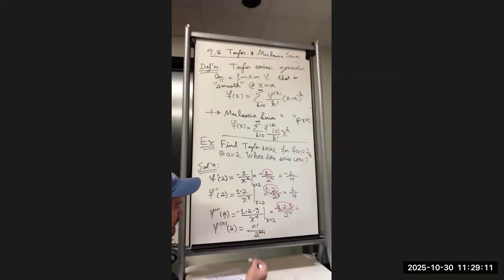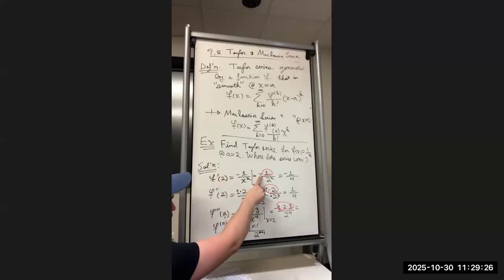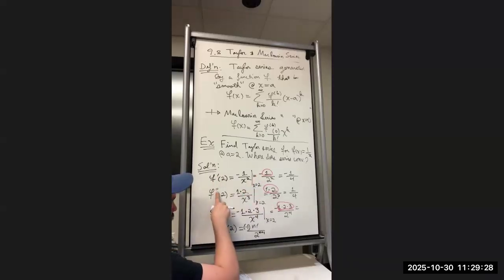So we also have something that's alternating here. Now that means we're going to have a -1 to the power of something. We have to be careful that we write it down right. So when n equals 1, we get a negative. When n equals 2, we get a positive. So that means that when n is odd, we get negative.